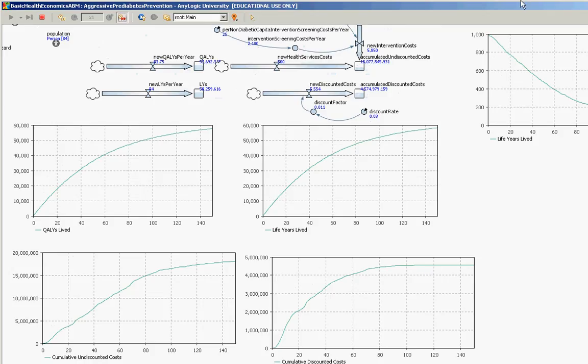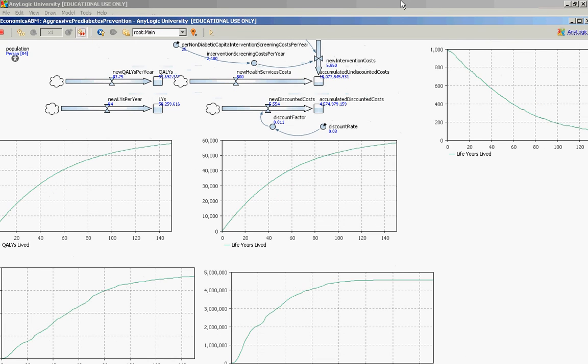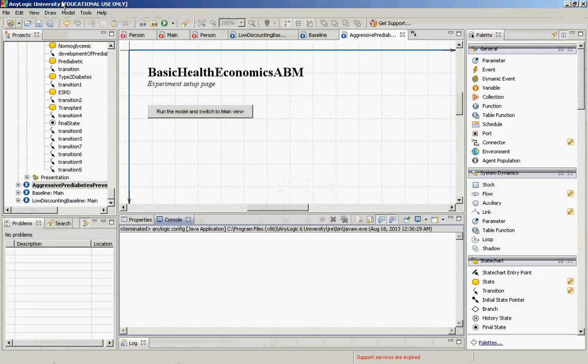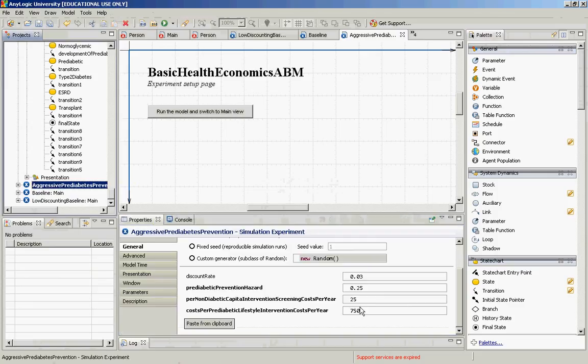Now, if we had changed the aggressive prediabetes prevention, and if it costs more for a lifestyle intervention, let's say several thousands of dollars for that, and if the screening cost more, then we might see something quite different.